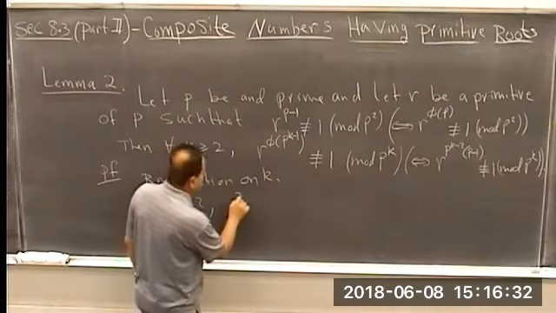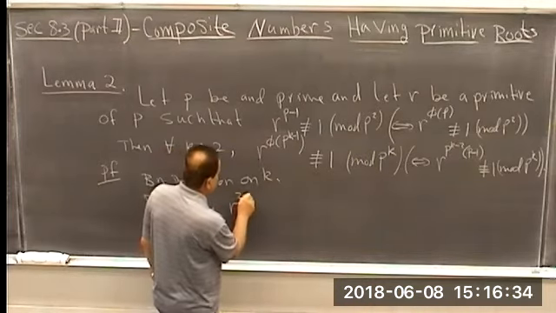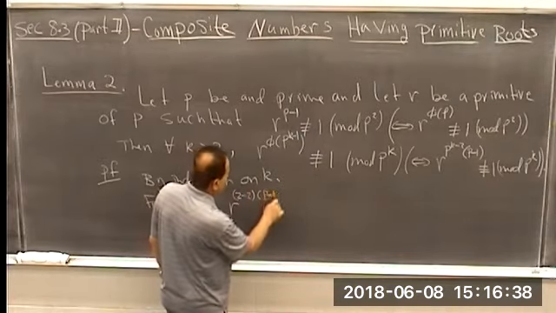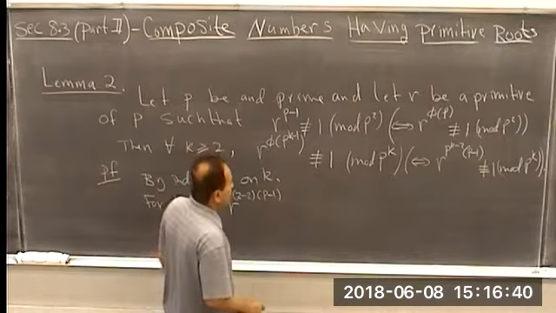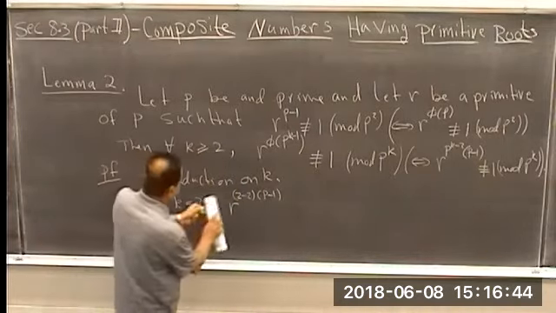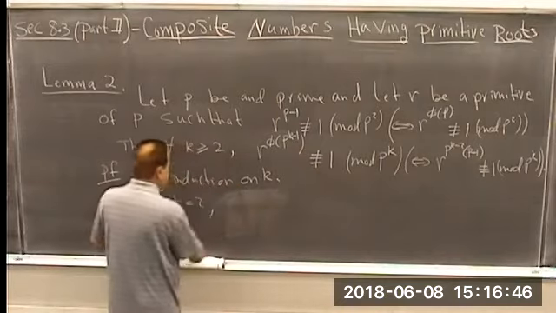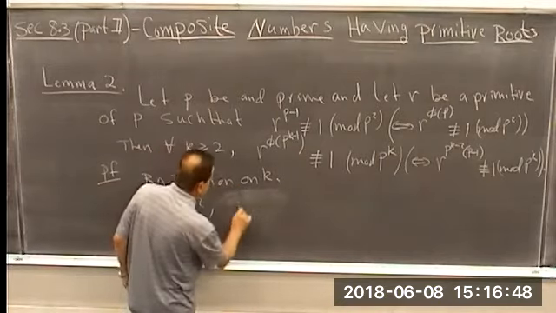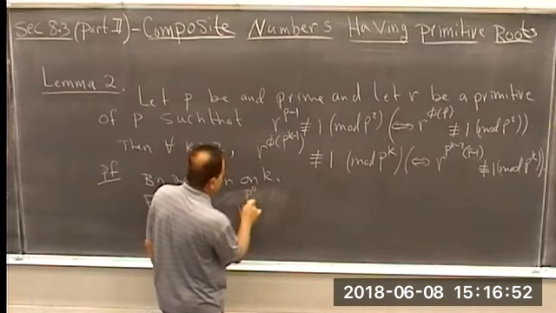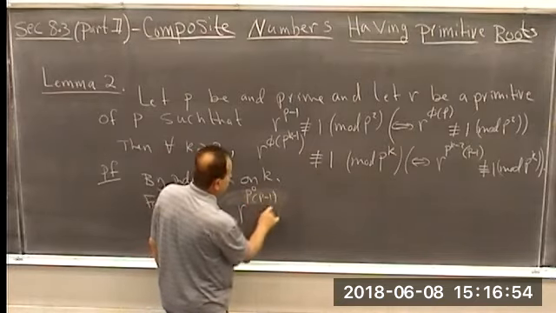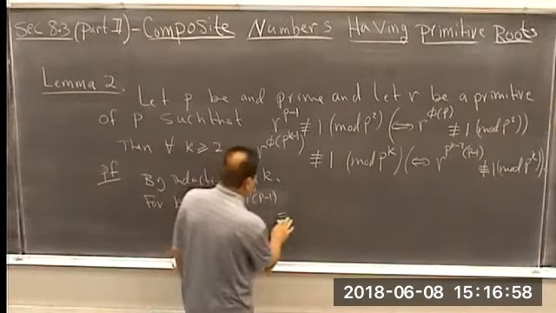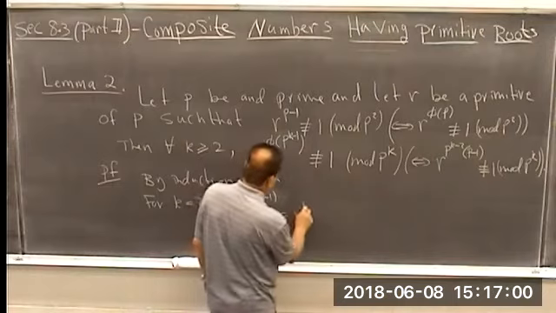When we have 2 minus 2, the power is 0, so this is r to the p to the power 0 times p minus 1, which is equal to r to the p minus 1.